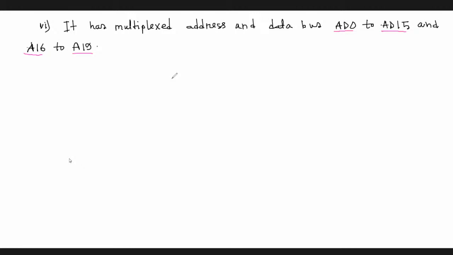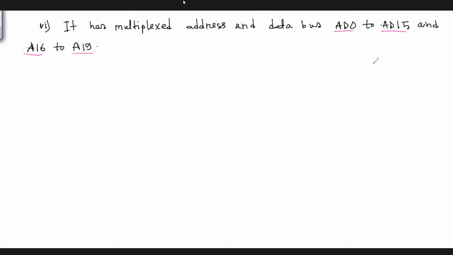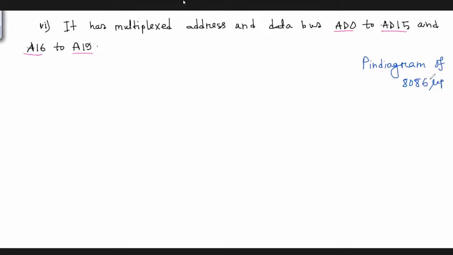If you see the pin diagram of the 8086 processor, you can search it in Google, or you can buy it from the market and check. There are 16 pins to transmit data. Just write pin diagram of 8086 microprocessor in Google and you'll see there are AD0 to AD15.